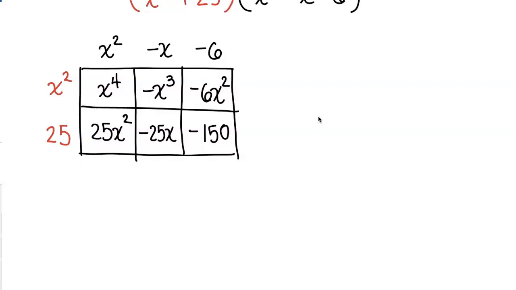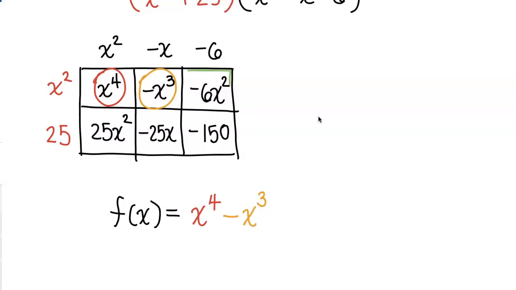Now, I'm going to write out my final answer. So here's f of x. The biggest exponent looks like x to the 4th power. So I'll write that down first. x to the 4th power. Next, negative x to the 3rd power. No like terms so far, but the next terms, these two.